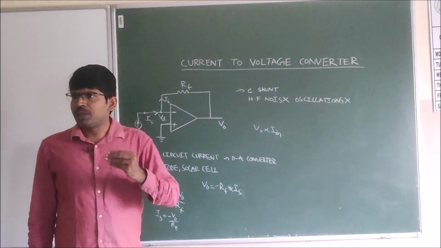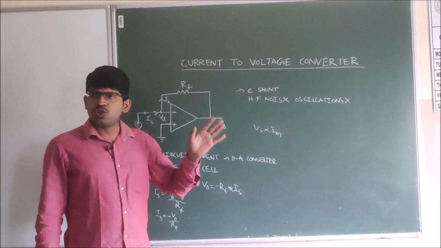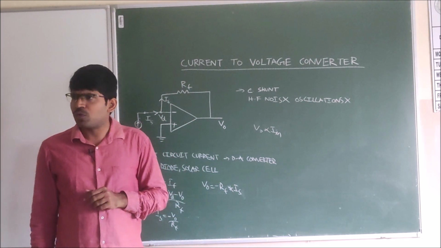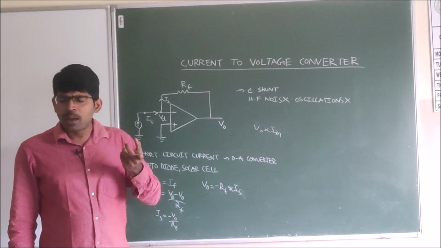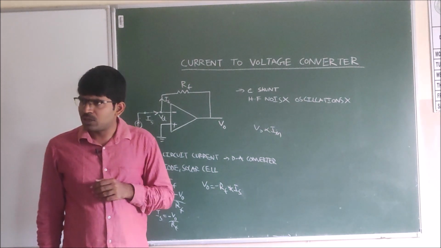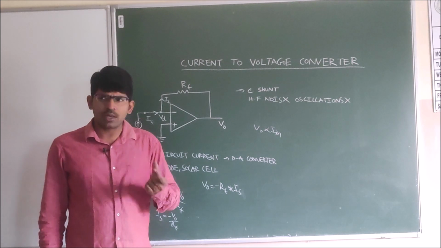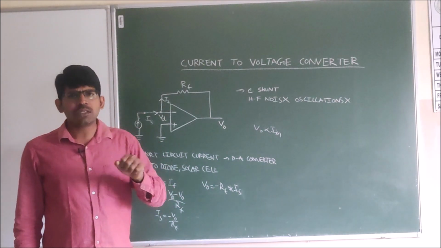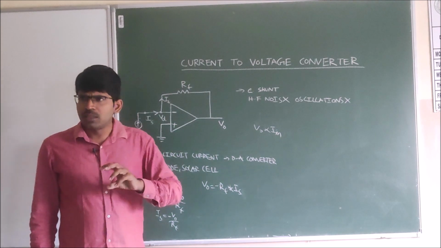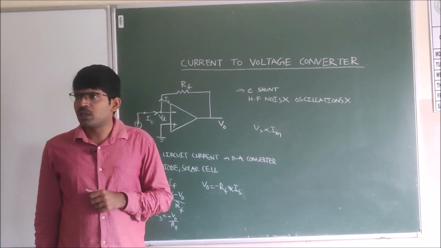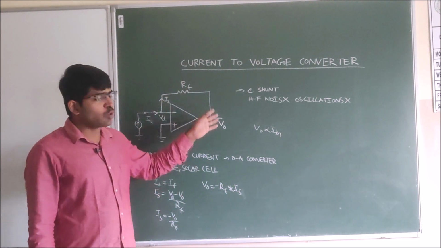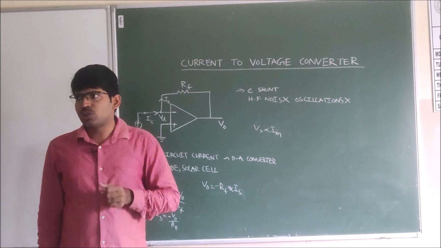If the current is increasing, the output voltage will also increase by that amount, so that we can measure the current in the solar panel or solar cell. Even though we are not directly measuring the current in the solar cell, this indirect measurement is useful because we are capable of measuring that voltage. That will give a very good voltage to measure.